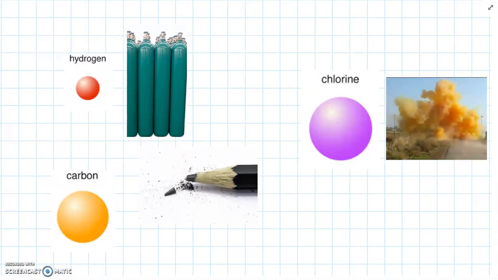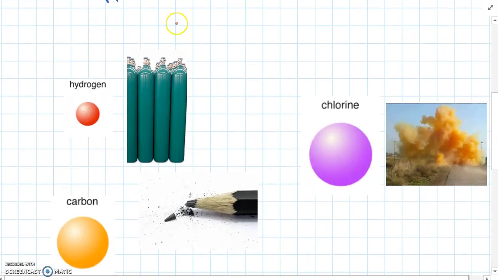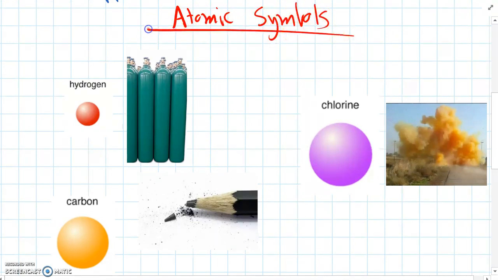We've got hydrogen, which is a gas, and we have to keep it in cylinders if we want to store it, otherwise it will just fly away into the atmosphere. Hydrogen has an atomic symbol of H. Usually the chemical symbol or the atomic symbol is just the letter that the word starts with.